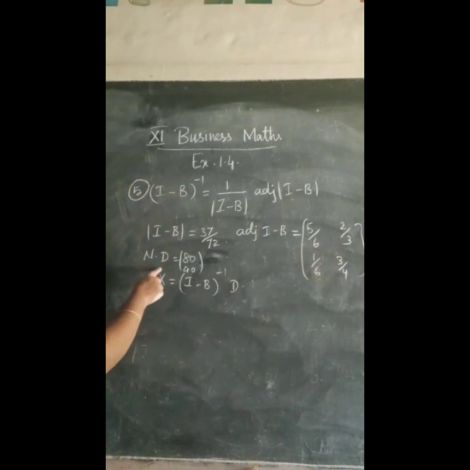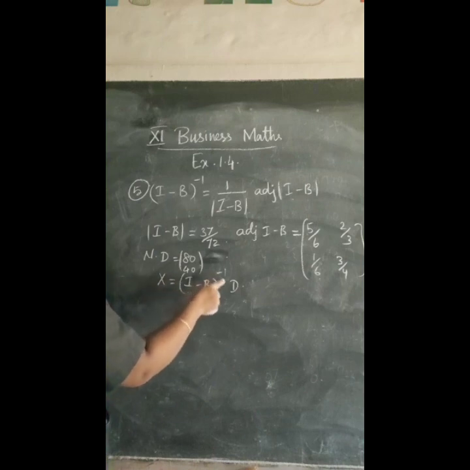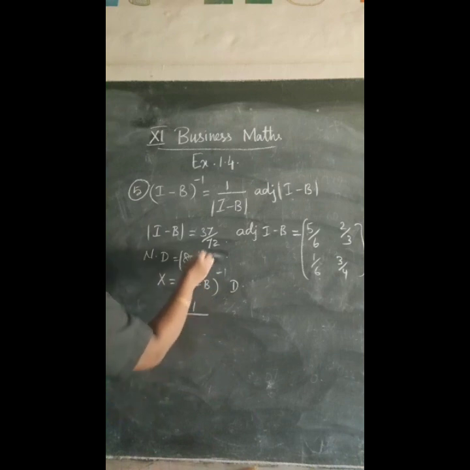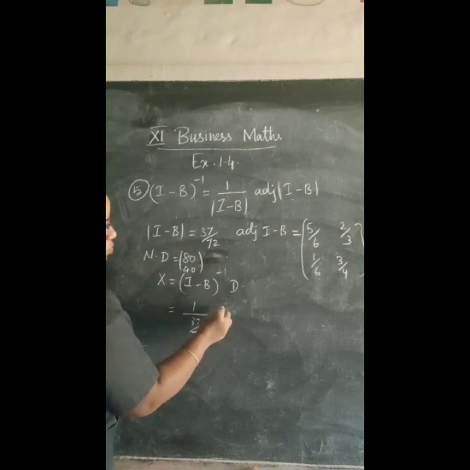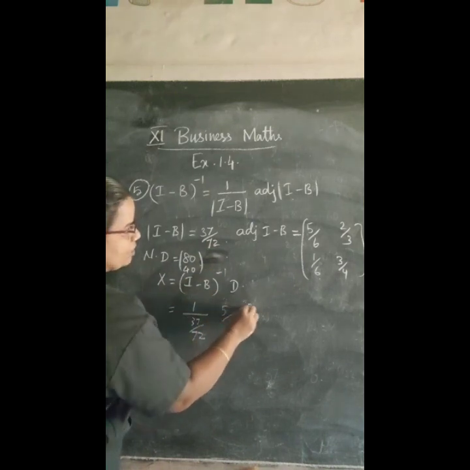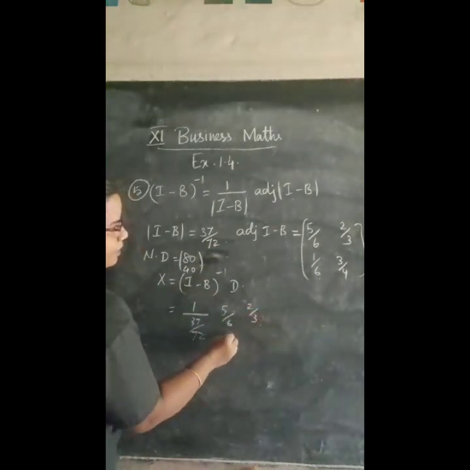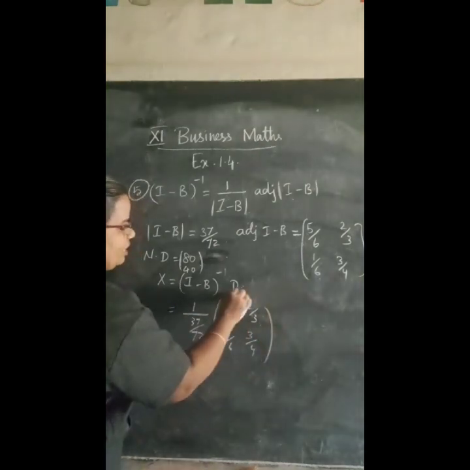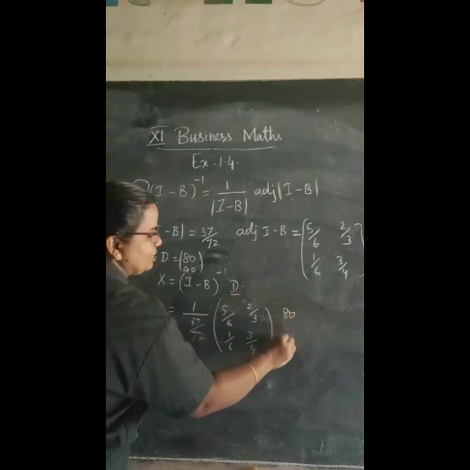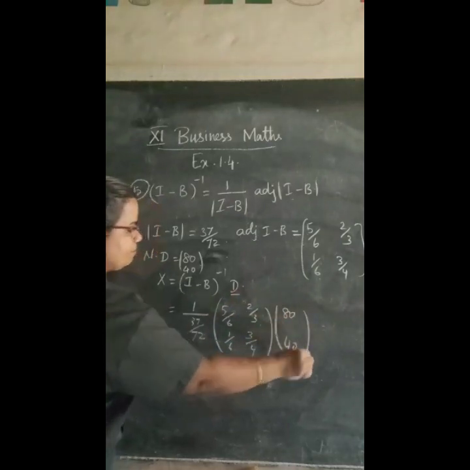If the new demand is 80, 40, how do we find the solution? X is equal to I minus B the whole inverse into D. So that is 1 by 37 divided by 72 into 5 by 6, 2 by 3, 1 by 6, 3 by 4 into D. D is the new demand, that is 80 and 40.